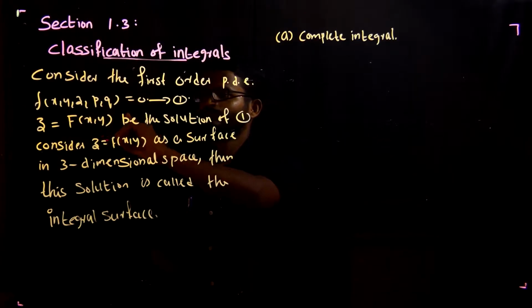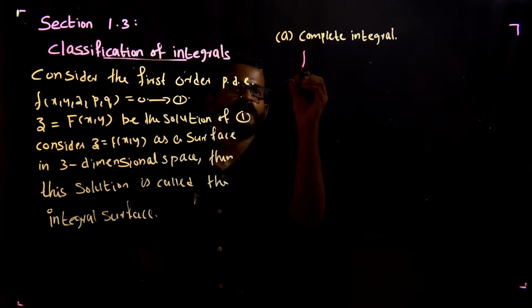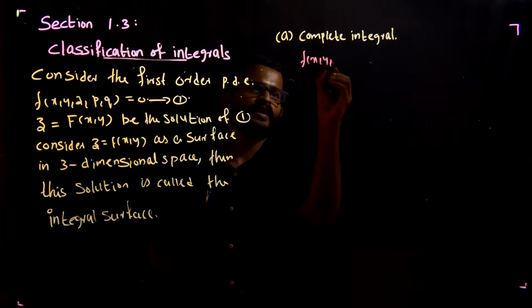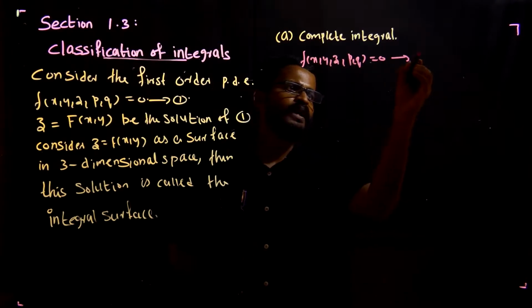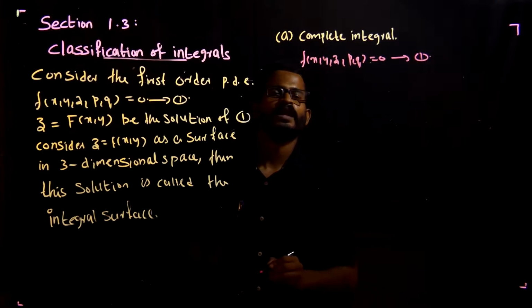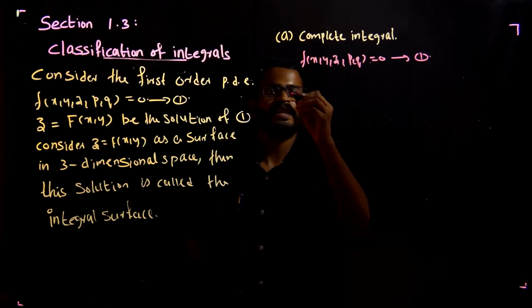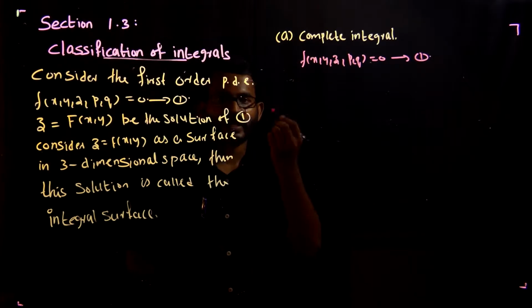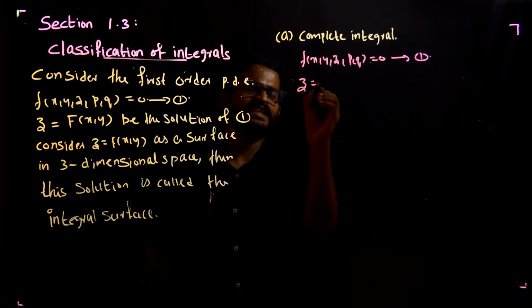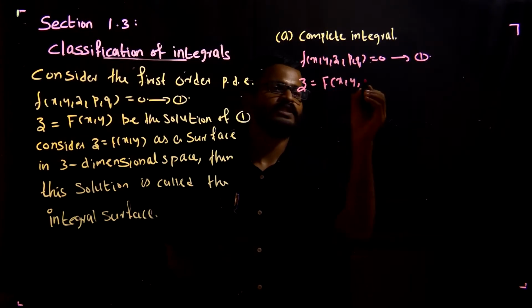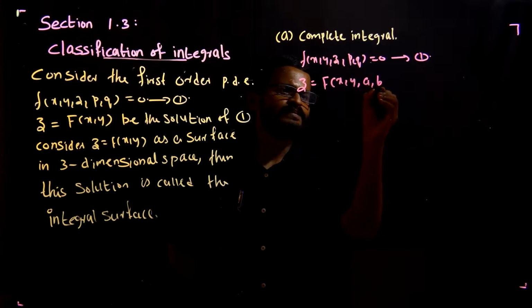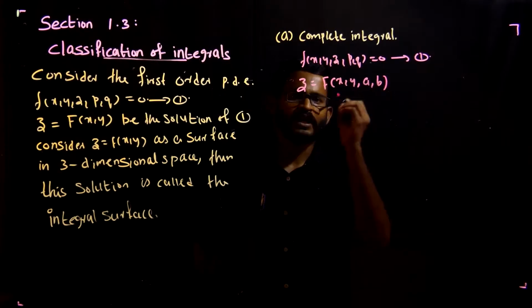Again, we consider first order PDE f of x, y, z, p, q is equal to 0. Mark it as equation number 1. Then we suppose that it has a 2-parameter family of solution, z is equal to capital F of x, y and 2 parameters, so a and b, small a and b are 2 parameters.